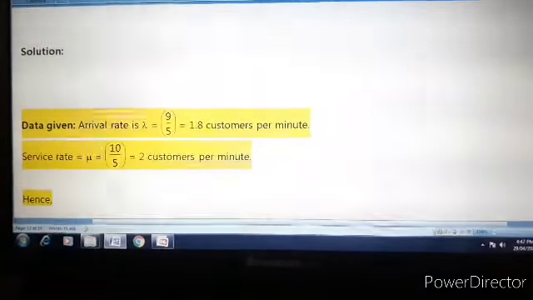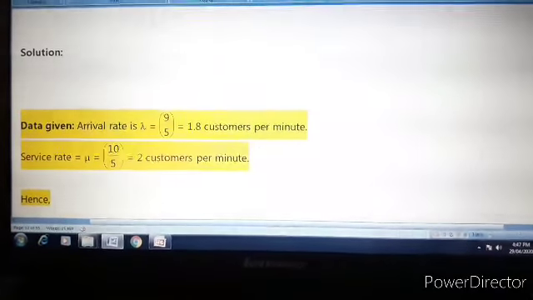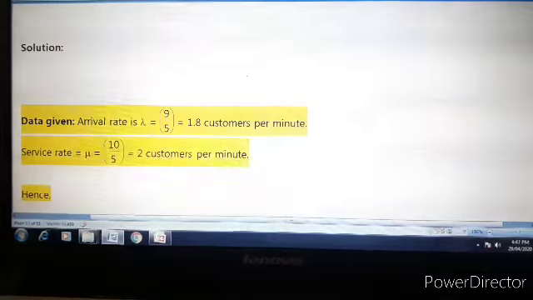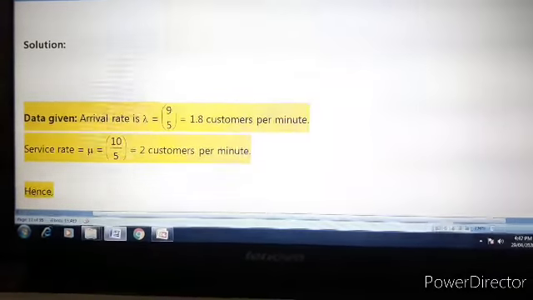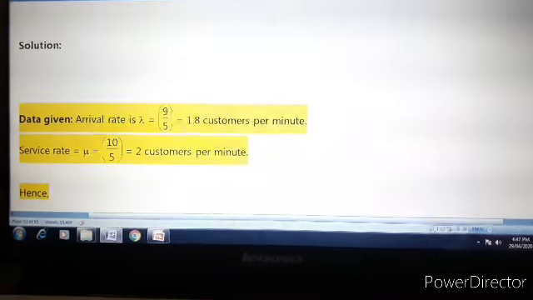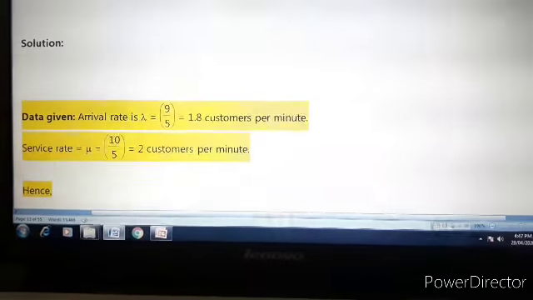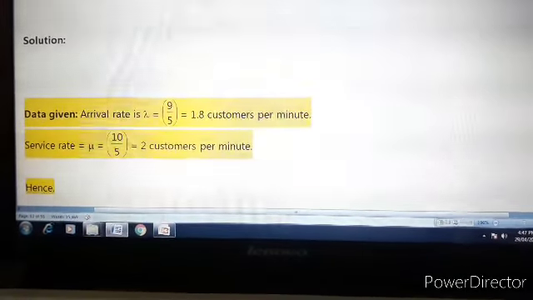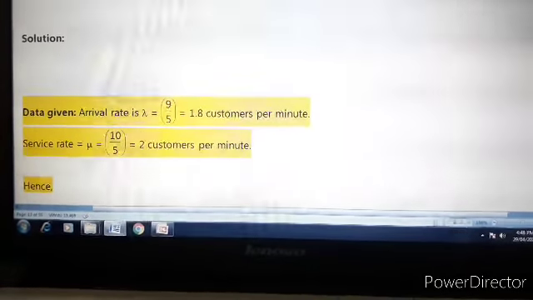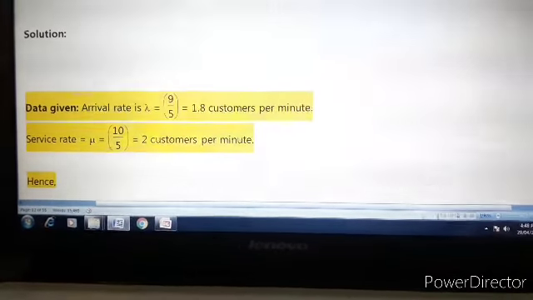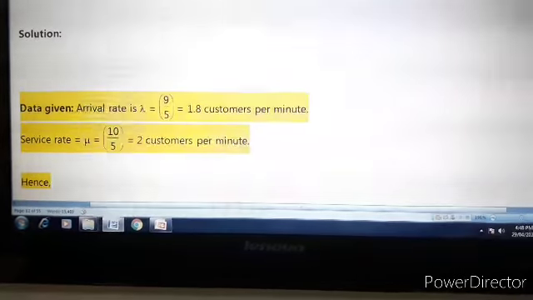The time may be in minutes, hours, or days, and so on. It depends on the application. Here we have taken the time per minute, so lambda is 1.8 customers per minute and mu is 2 customers per minute. Mu should always be greater than lambda, so 2 is greater than 1.8 and the condition is satisfied.